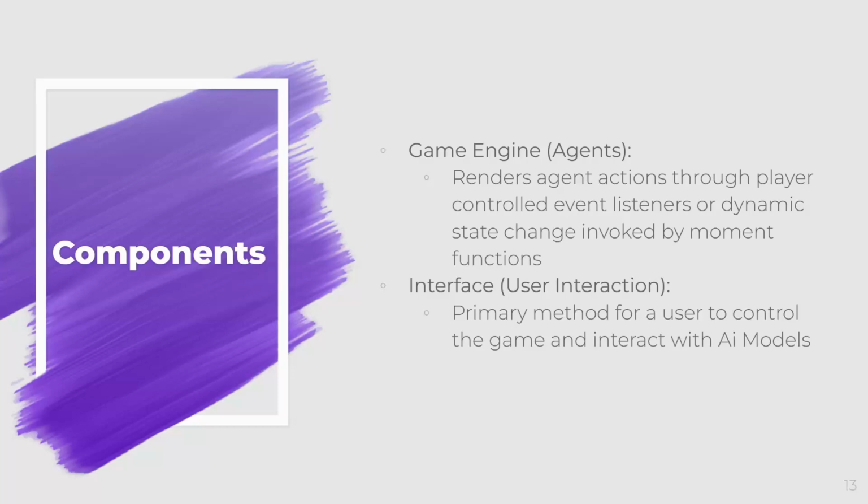React does a great job of ensuring that it is super fast at rendering those. And of course, with Firebase as a real-time database, allowing those dynamic changes to occur, we can also implement our moments, which are autonomous interactions by the agents in the game, and allow those interactions to be rendered through that game engine.